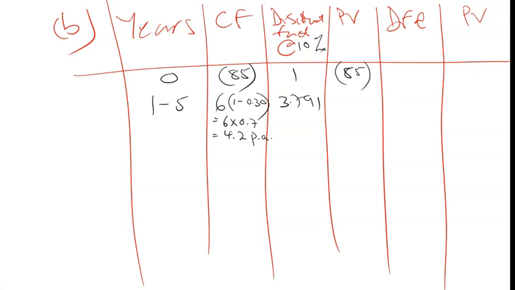If we multiply 4.2 by 3.791, we get 15.92. Then for year 5, that's 110, discounted at 0.621, and this gives us 68.31.